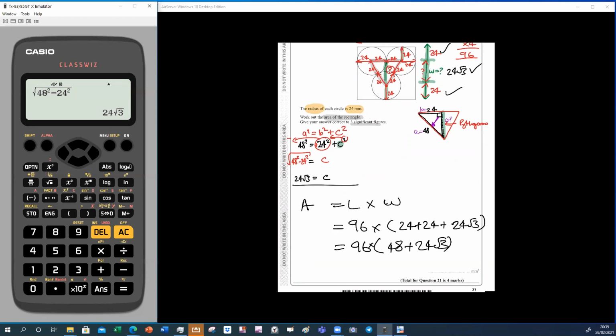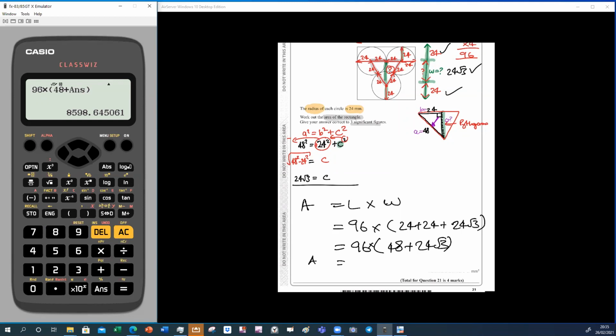Now we pop that into the calculator again. So we're going to write down 96 multiplied by bracket 48 plus the answer that we just had. I press the answer button, close the bracket, hit equals, and that gives us a nice, lovely number.